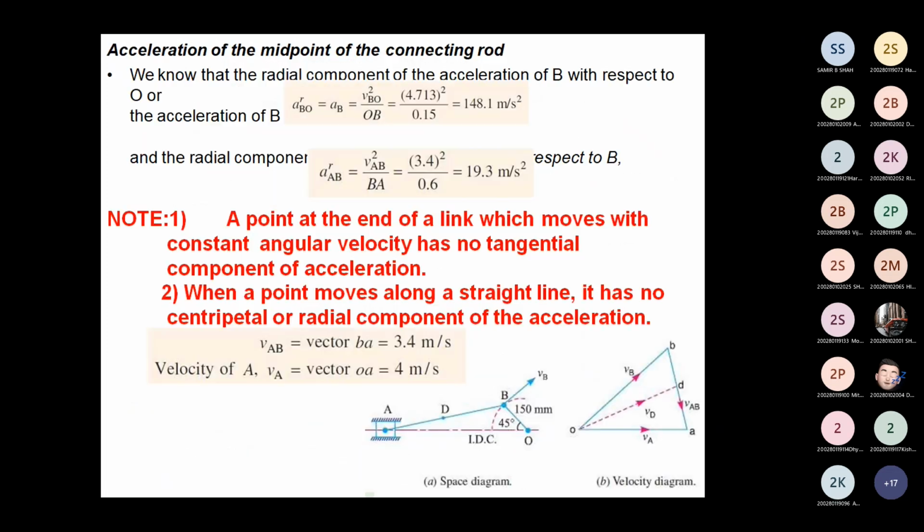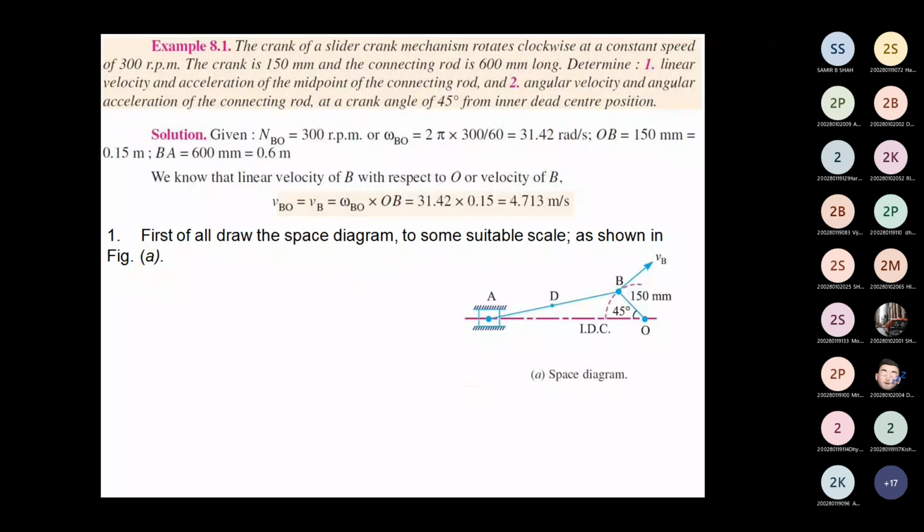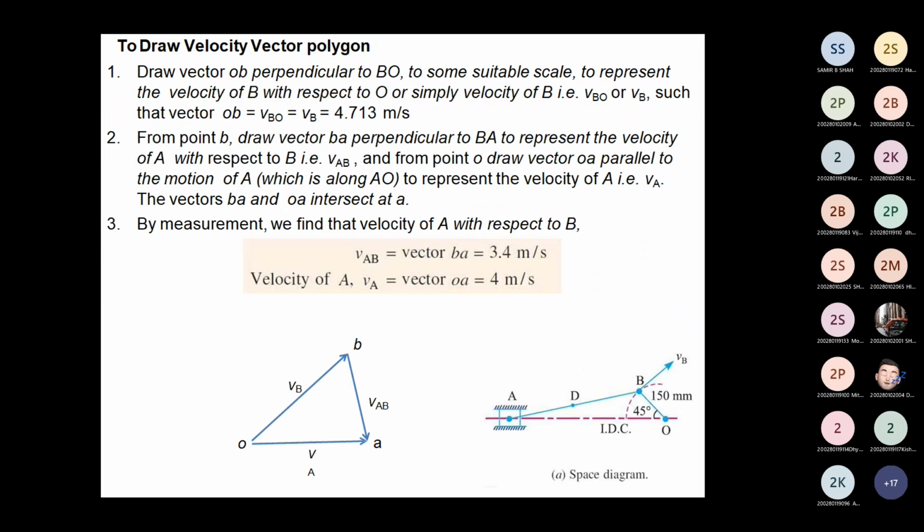I just want to compare with the data of what we have to find: the linear velocity already discussed, acceleration of the midpoint completed, angular velocity completed, and angular acceleration of that link.